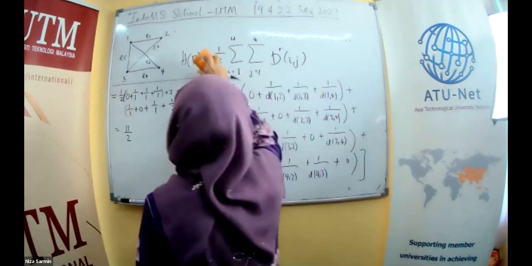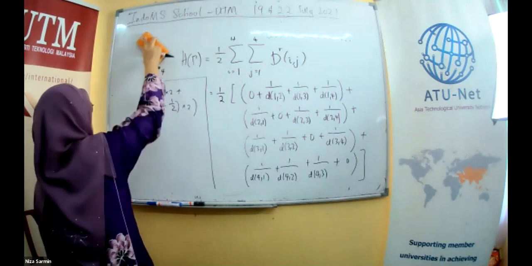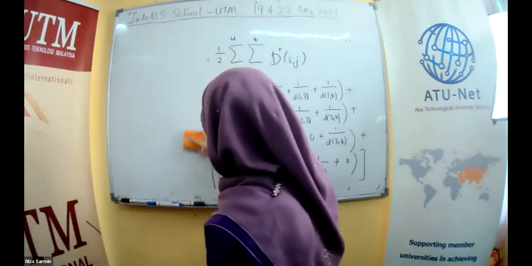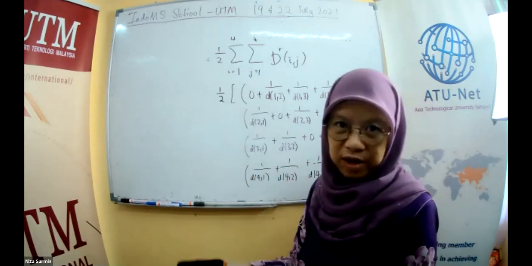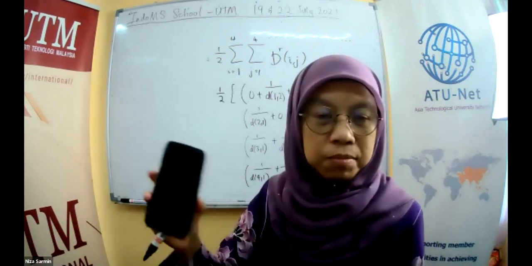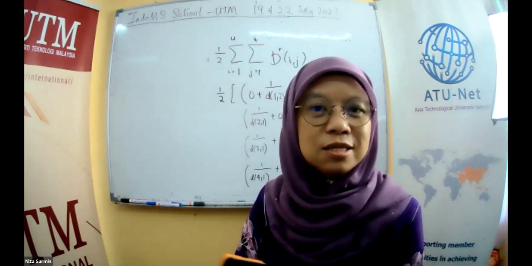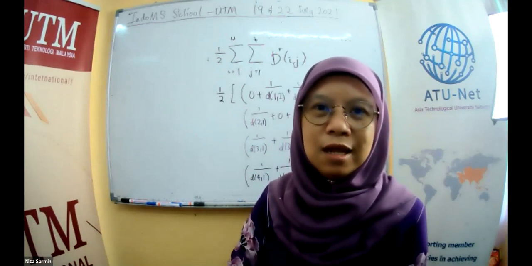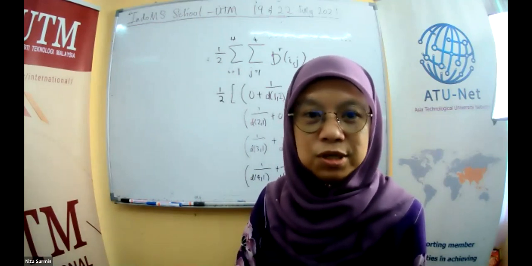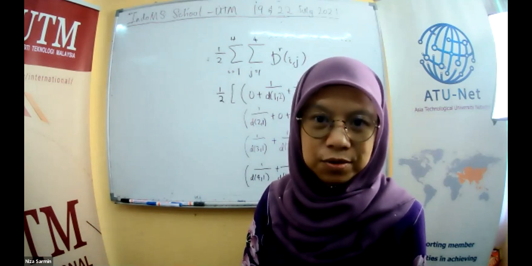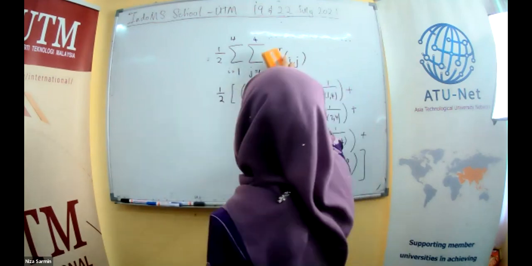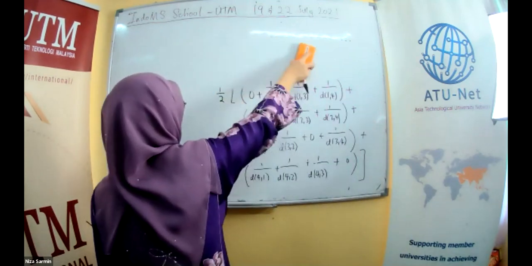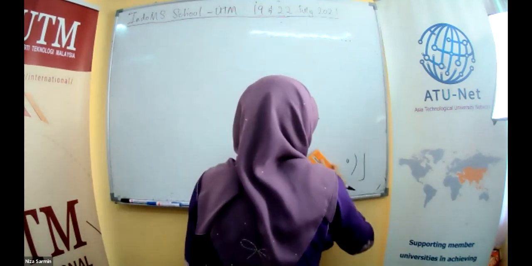Let me write down, and you can see it contains some fractions. Before, they were all distances or degrees, which are all integers. Now, because it's the reciprocal, you see some fractions.